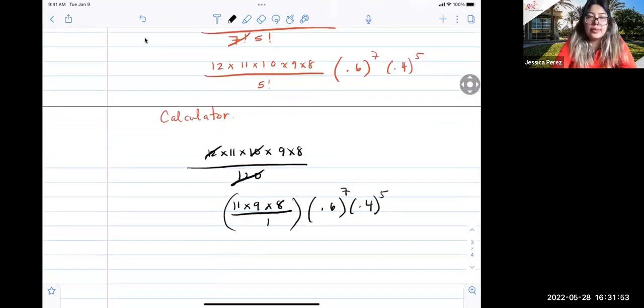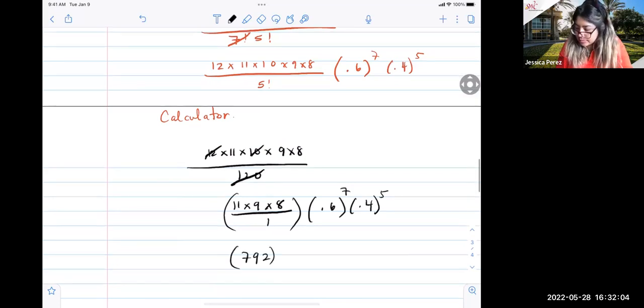Now let's find what is 11 times 72, because that's what it is. That's 792. So 792 times 0.6 raised to the 7th, 0.4 raised to the 5th.